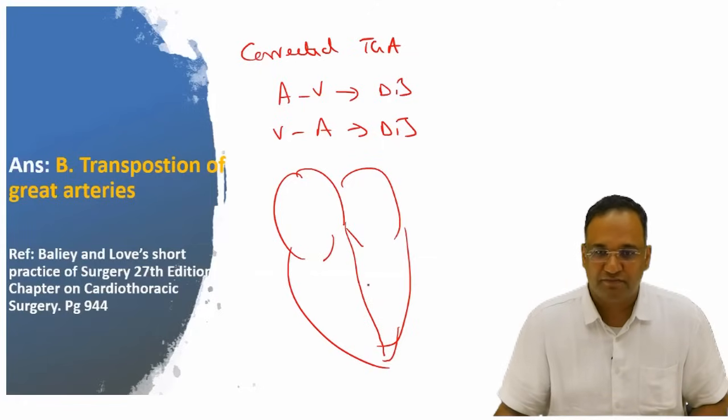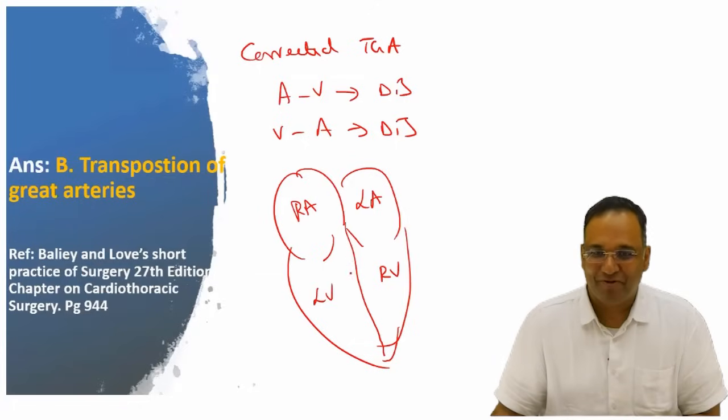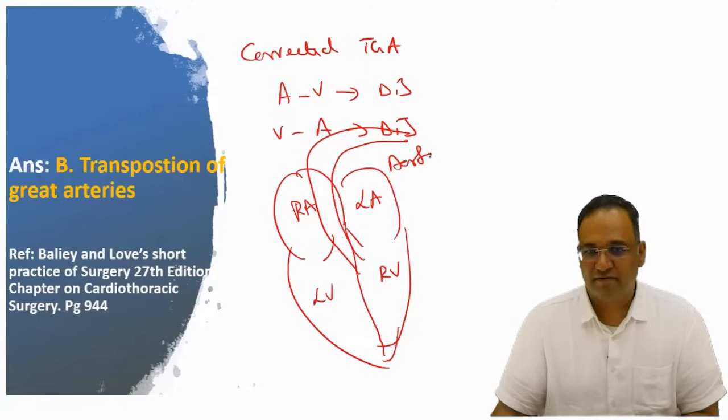See what happens: RA opens to LV and LA opens to RV. And RV opens to aorta. And LV opens to PA.